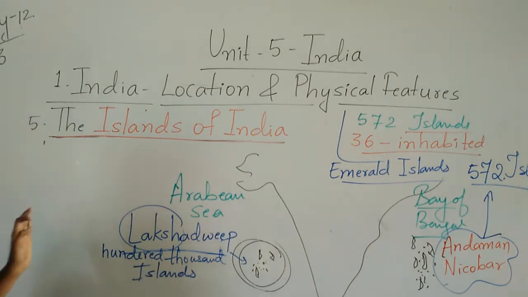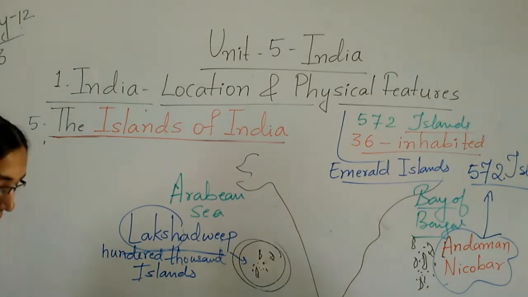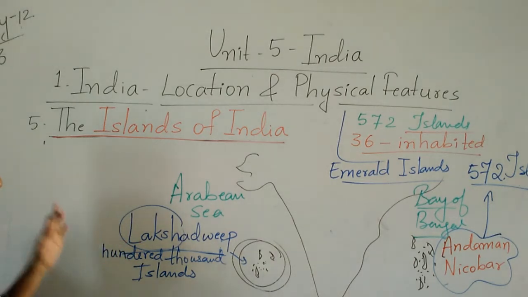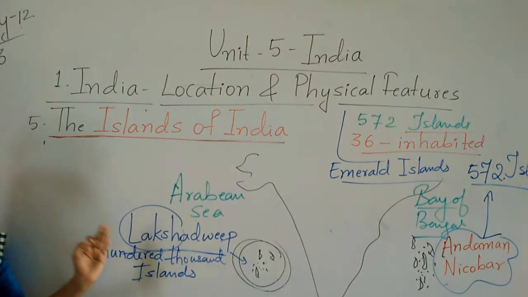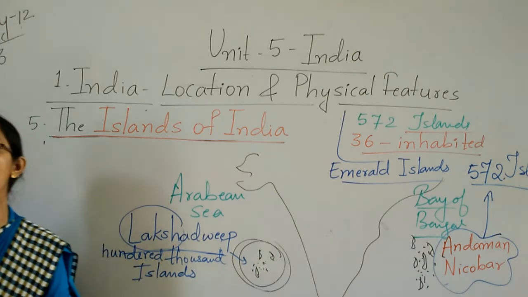Okay children. Now got it? Lakshadweep means what? 100,000 islands are called Lakshadweep Island.